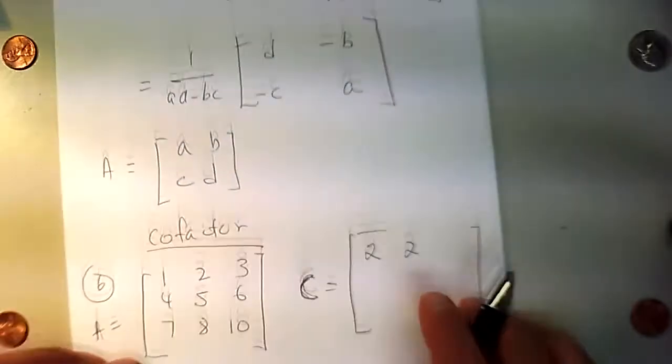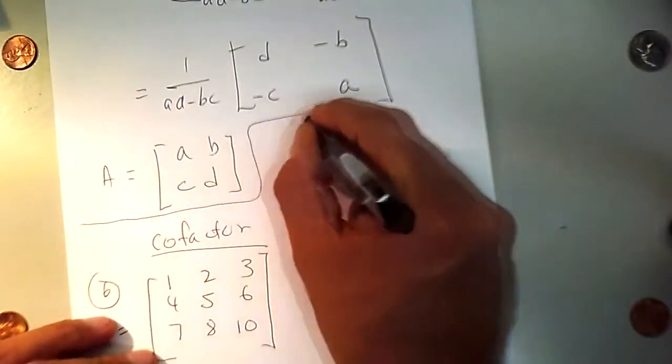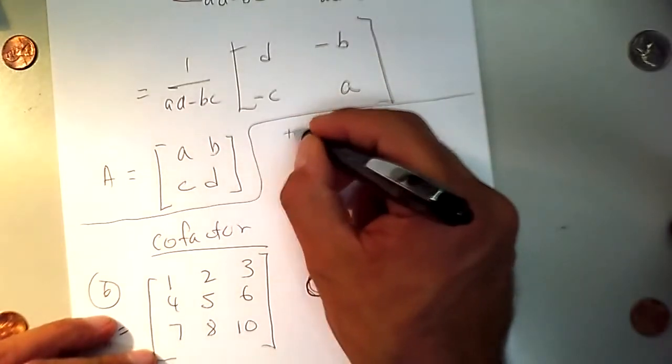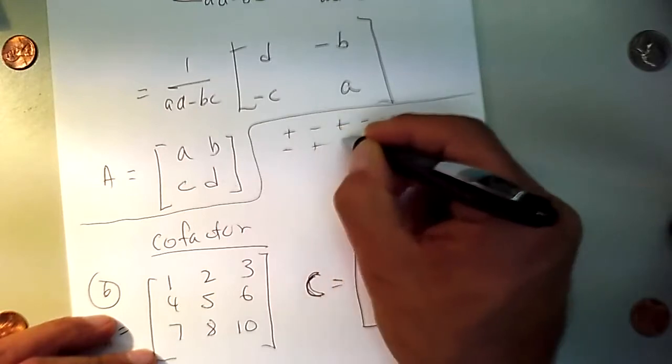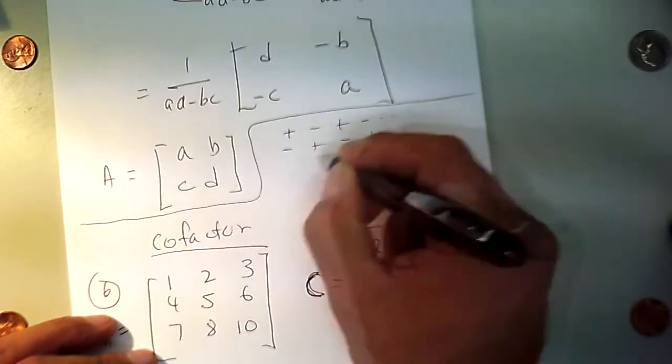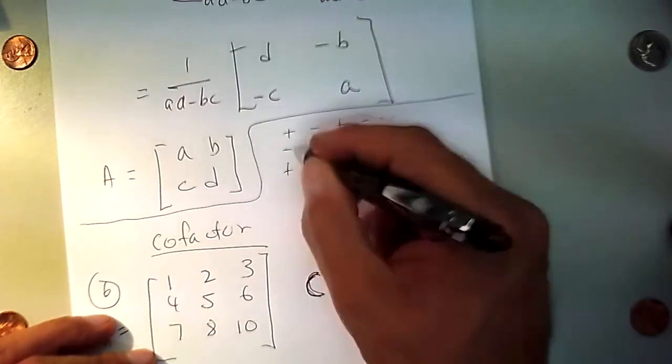Okay, let me remind you of the matrix of signs, which starts out with plus, minus, etc., and then minus, plus, etc., and then plus, minus, etc., and so forth.